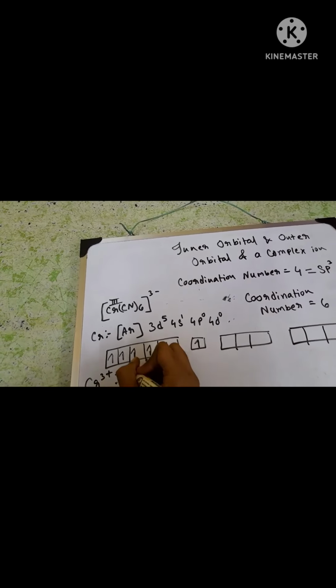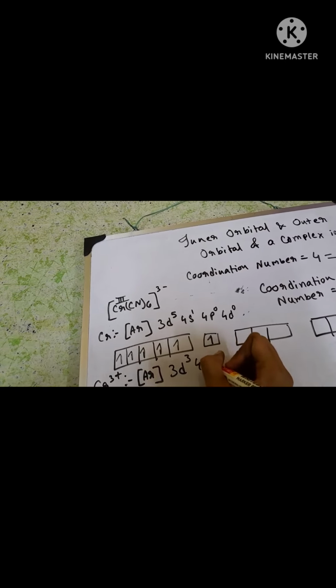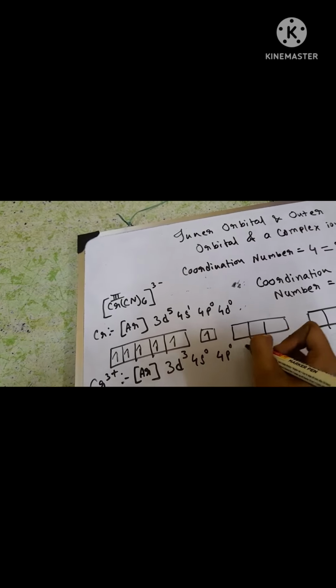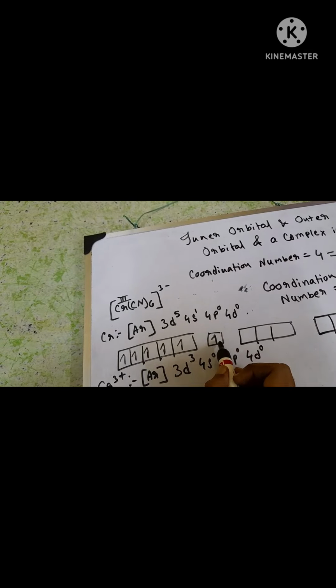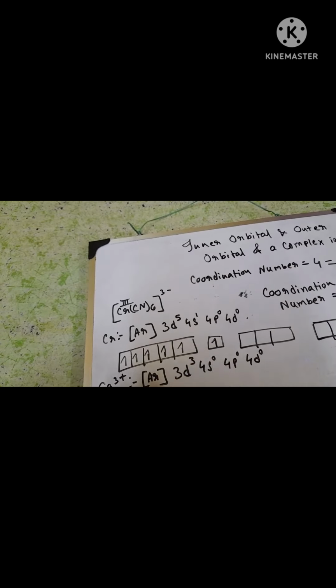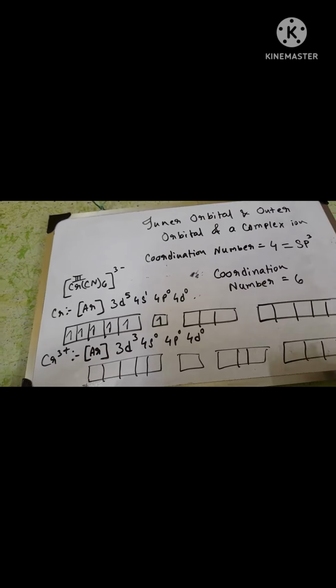So I'm going to show you again. 3d 5 minus 2, that is 3, 4s0, 4p0, 4d0. 1 electron from this and 2 electrons from this, a total of 3. So 3 electrons are present.